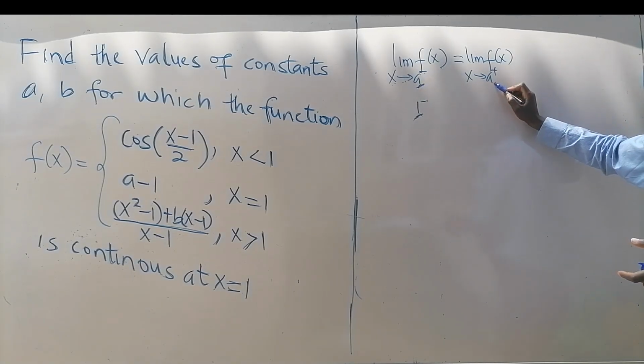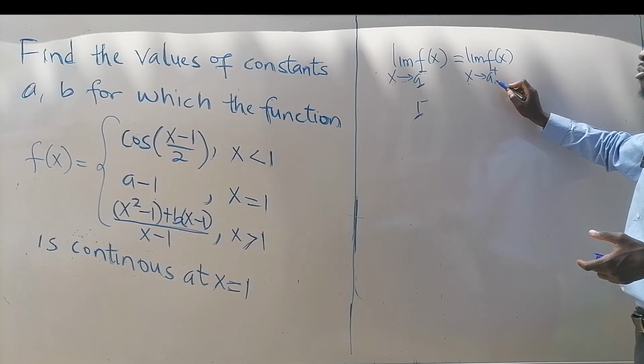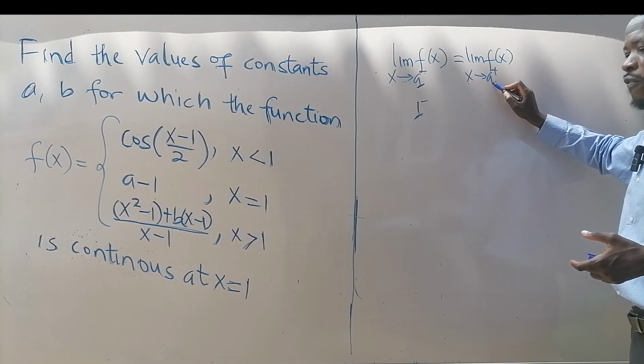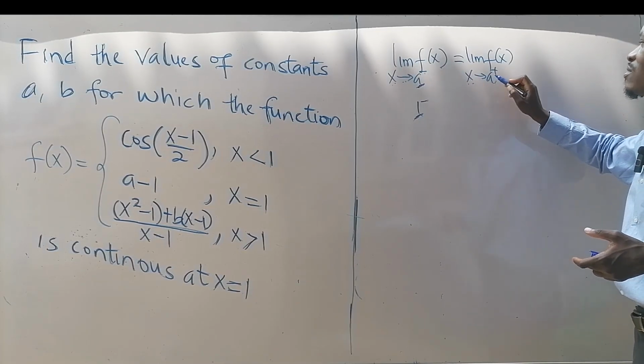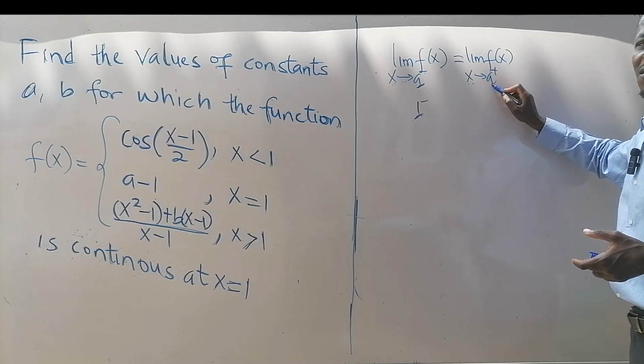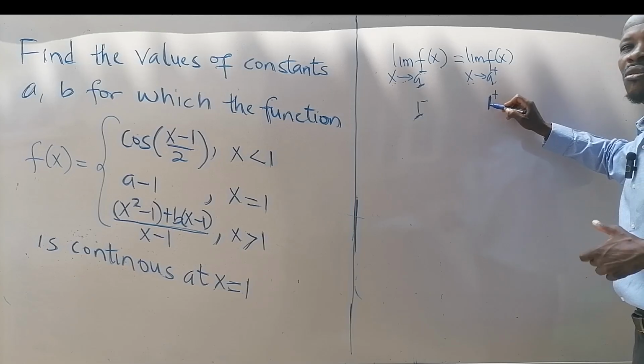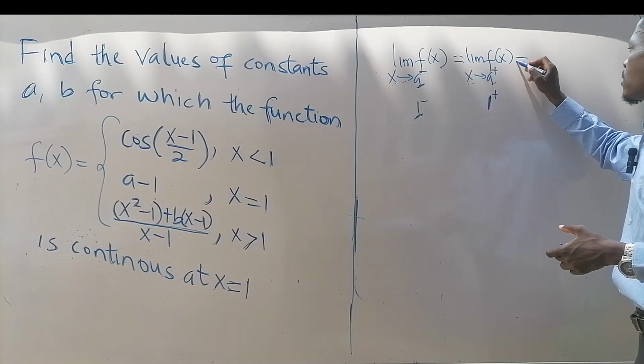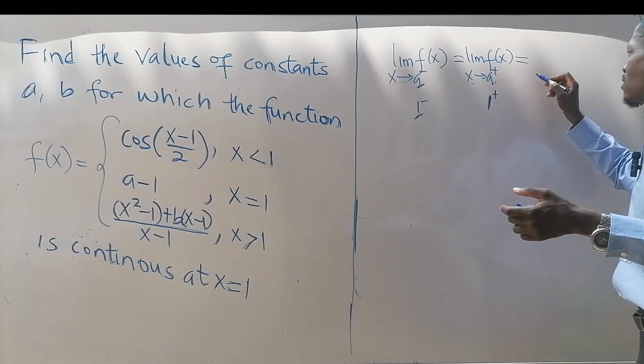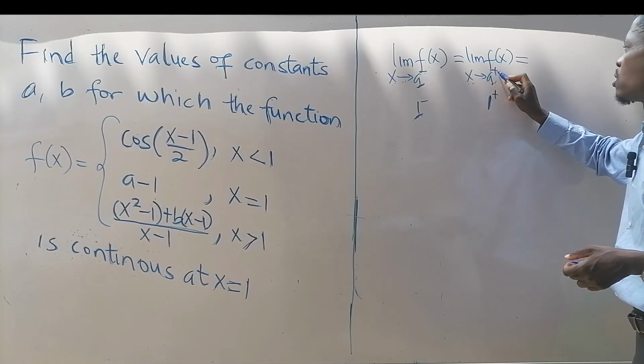For the right-hand side limit, x tends to a positive, so we look for the function where x is more than 1.